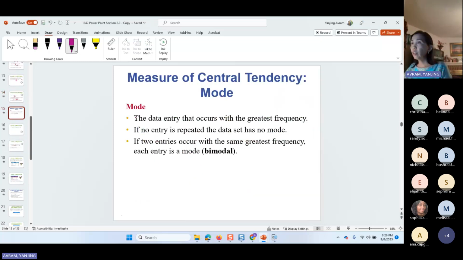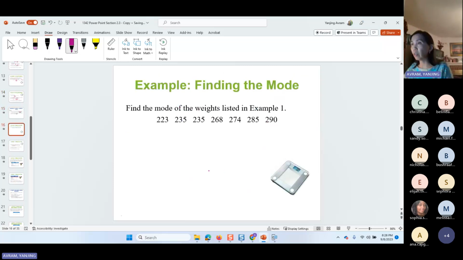All right, another one is called the mode. Mode is the greatest frequency, or sometimes called the most frequent one, okay? In a data set, most of the time it has 1 mode, all right? And you can have 2 modes, called bimodal as well. Sometimes if all the data only appear once, that means the data doesn't have a mode, so we call it no mode, okay?